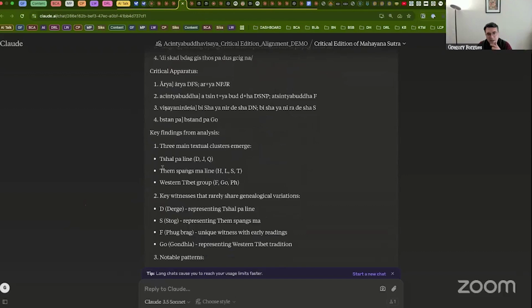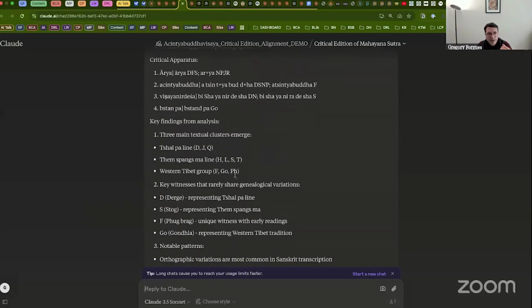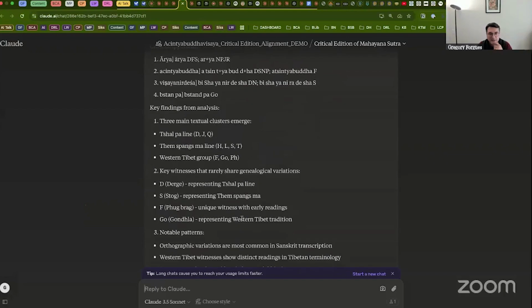Now we're going to discuss the Tselpa line, so Derge, Lithang, and Beijing, for example, Tempoma, and all the different groups, such as the Western Tibetan group of texts like Gunla, Pudrak, all that. Pudrak is F, highly contaminated, actually.